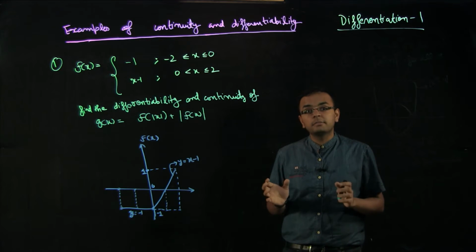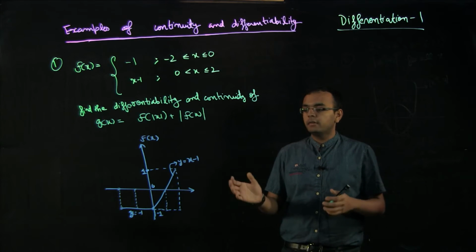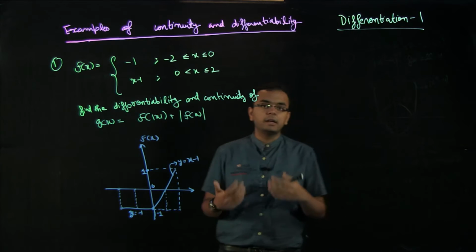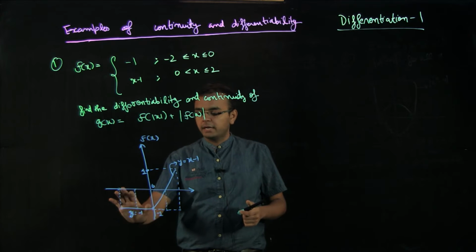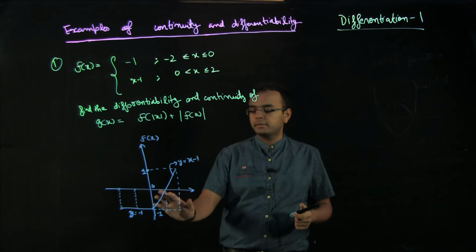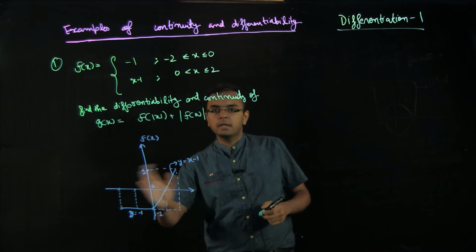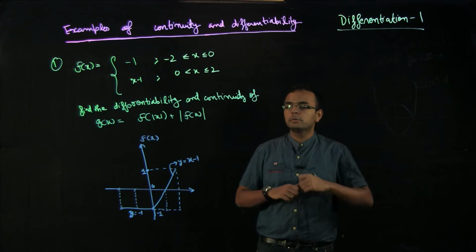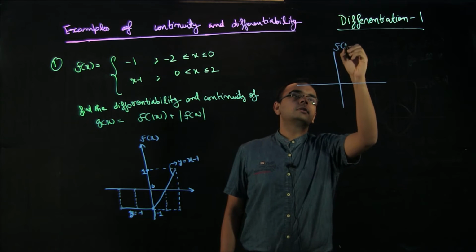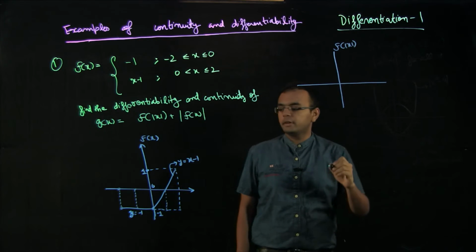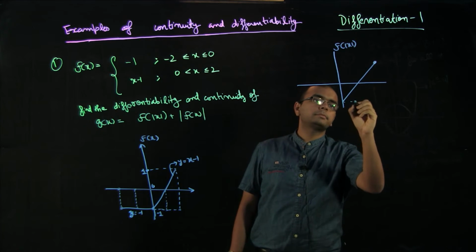Now f of mod x means that whenever you put a negative x, it will make it a positive. So whenever you get negative 1, it will make it same as positive 1. If you make minus 2, it will make it as positive 2. So in other words, you are just taking a mirror image of this function. So f of mod x basically means that for positive x, for all these values, it will still remain the same.